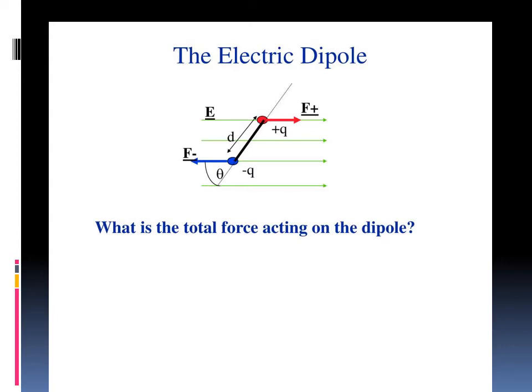Therefore, the Coulomb force for the positive charge will act in this direction, and the Coulomb force for the negative charge will act in this direction. Their displacement d is constant between the two charges. Okay, students, when force is applied on this charge on the right side and on the left side, you will see that a small orientation is produced in it.